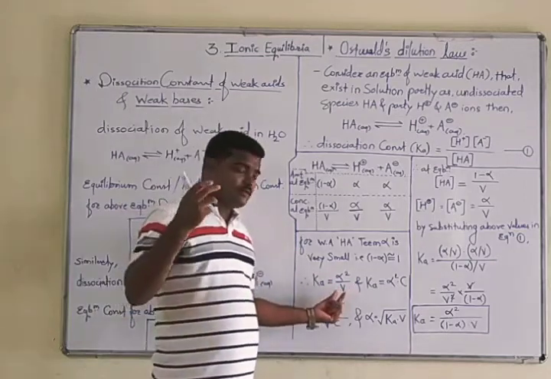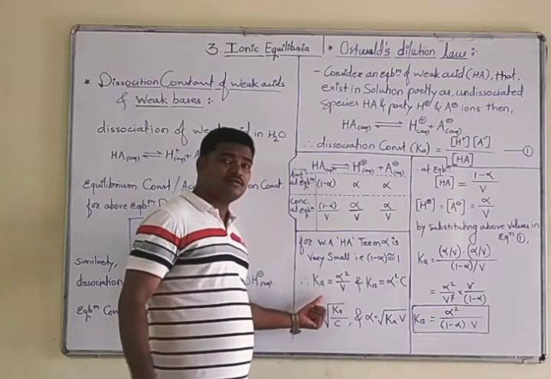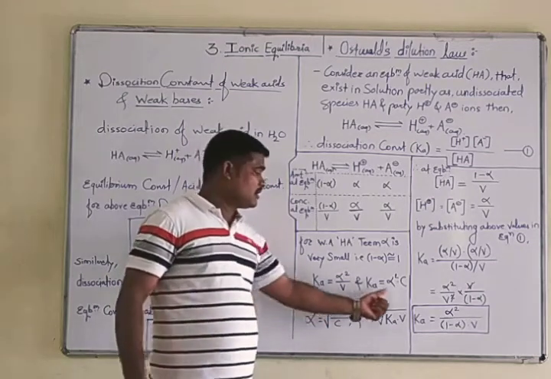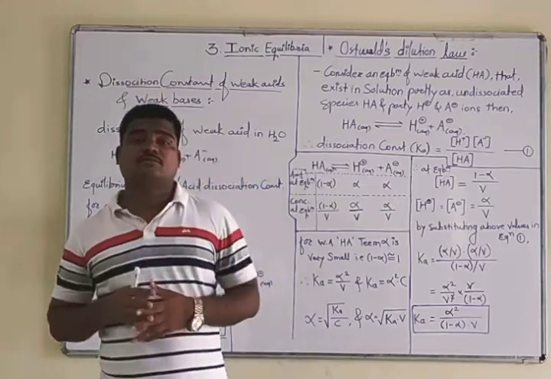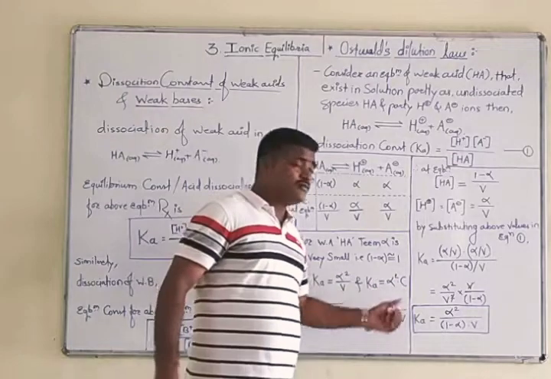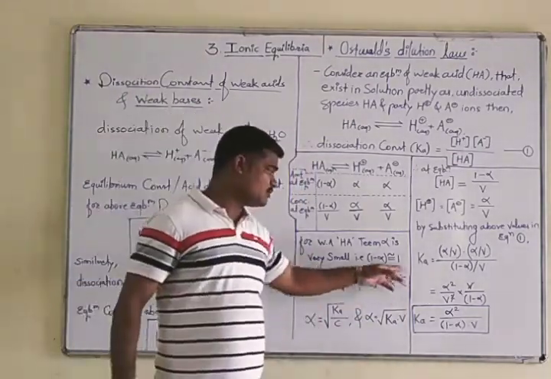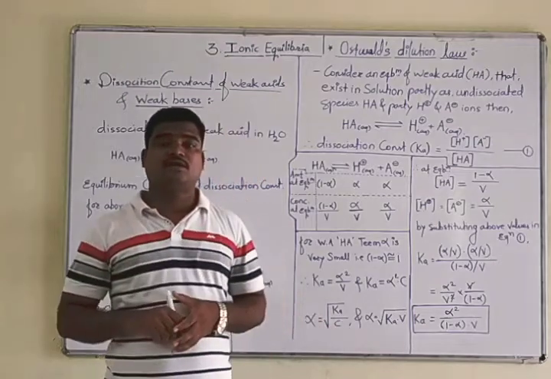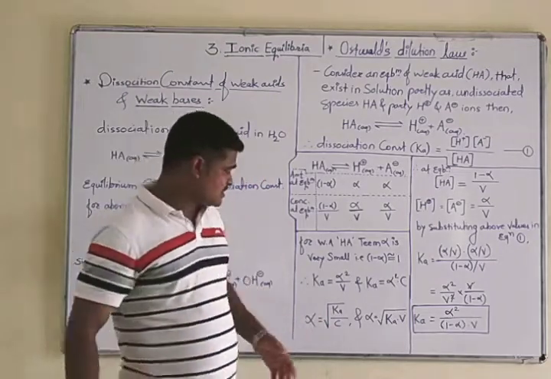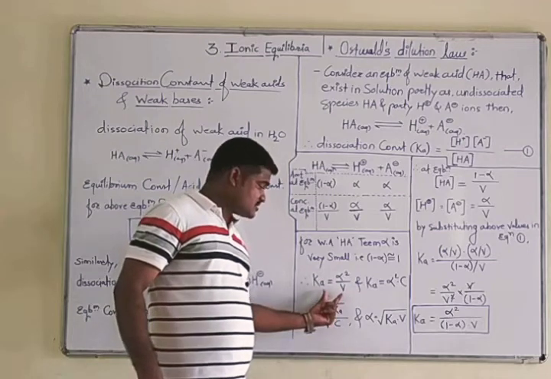So in a problem, when you are given the value of V, you can use this equation for the determination of Ka, and when they give a value of concentration C, at that time you have to use this formula for the determination of dissociation constant of the acid.